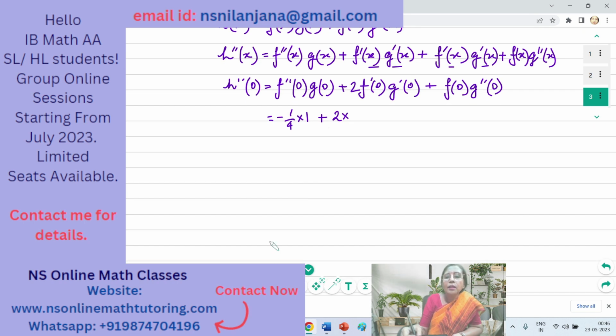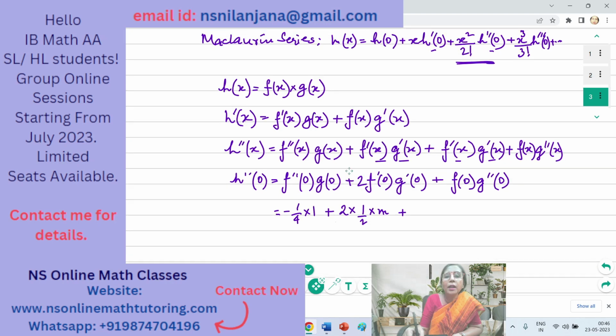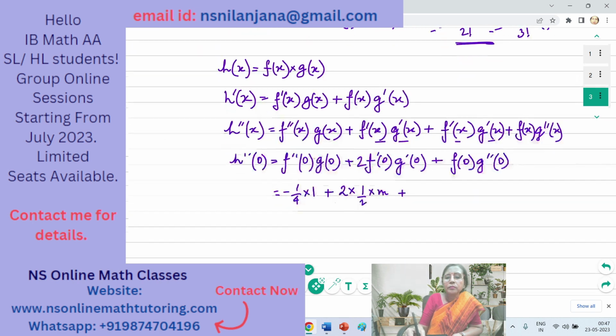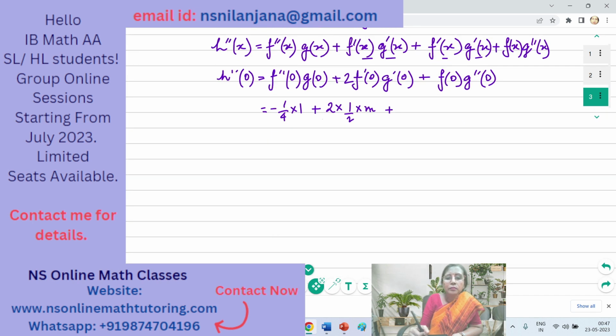So it is half times m, plus f of 0, g double dash 0. g double dash 0 is m squared. f of 0 is equal to 1. One times m squared. So this is equal to m squared plus m minus 1 over 4.